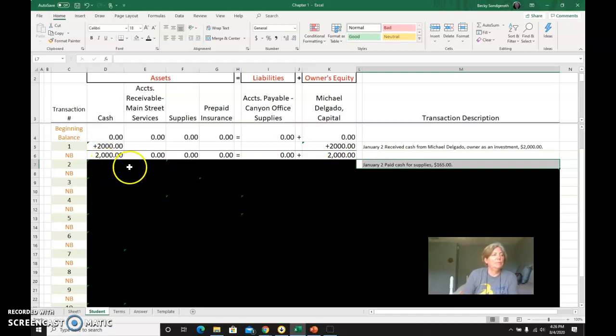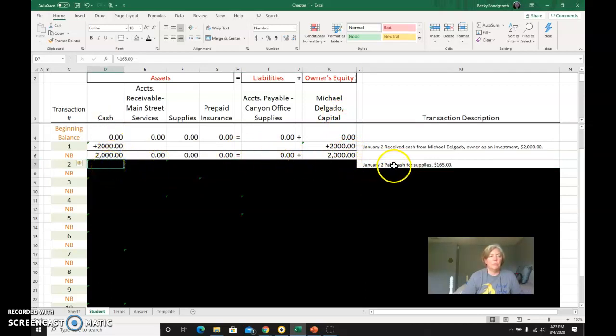So next we have transaction 2, which is on January the 2nd. We paid cash for supplies, $165. So again, what am I going to do? I'm just going to go by account and say, did it get affected? And I'll tell you which words tell me it did. Was cash affected?